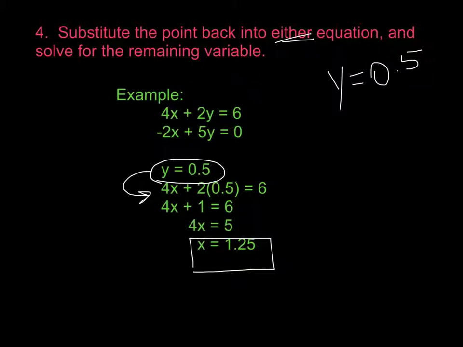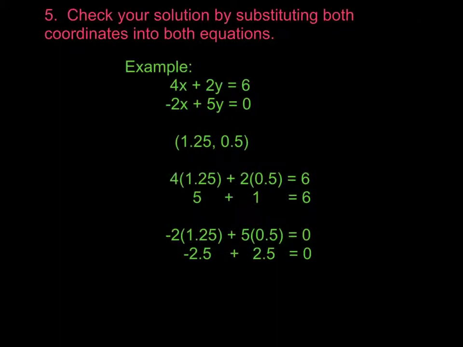So you can probably guess what the 5th step is. That 5th step is to check your solution by substituting both coordinates into both equations. So this is what we think our solution is.